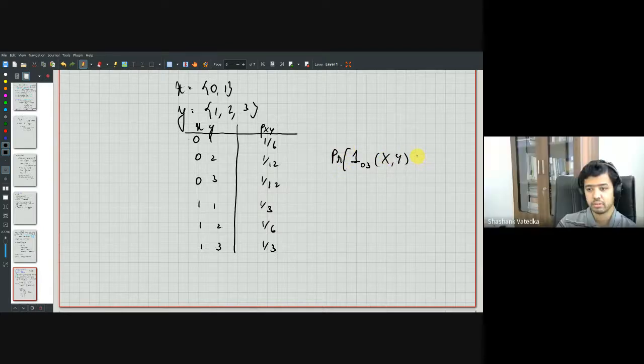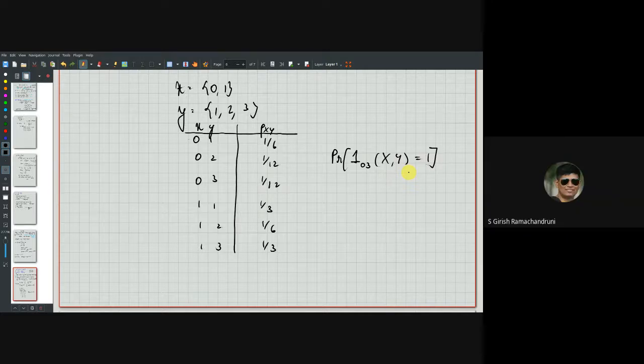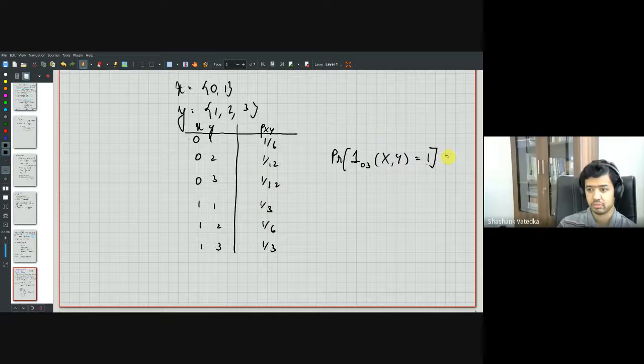Why? What is the probability that X equal to 0 and Y equal to 3? Sorry, sir, it is 1/12. Yes, it's 1/12. So this is a Bernoulli random variable, which is equal to 1 with probability P_XY(a, b) when (X, Y) is equal to (a, b), and 0 otherwise.